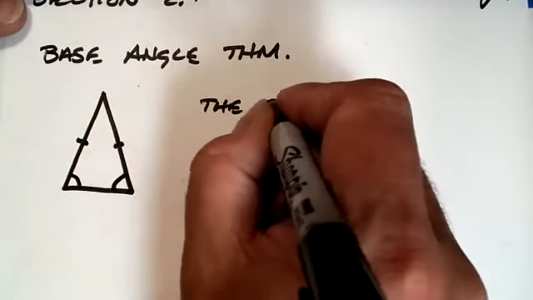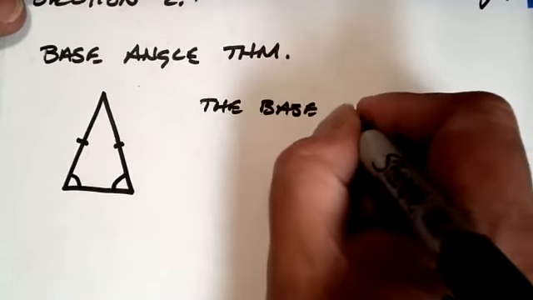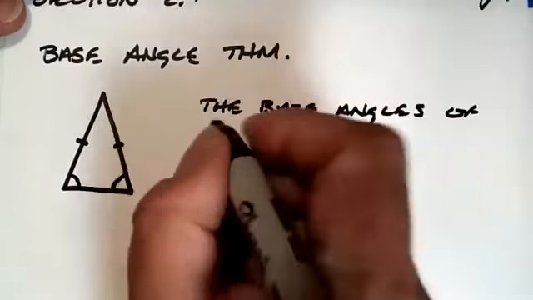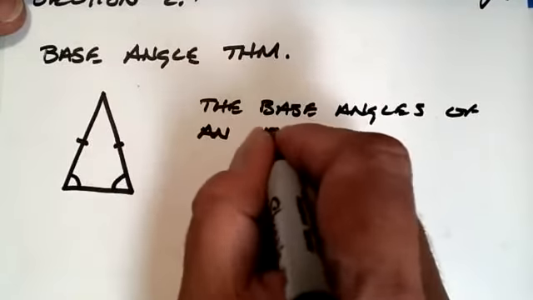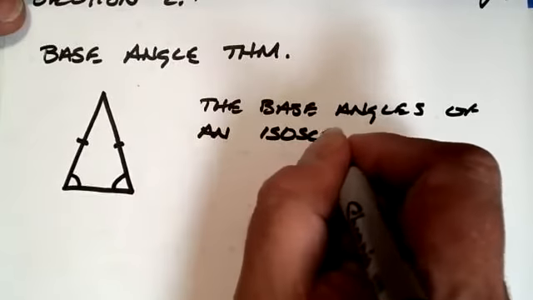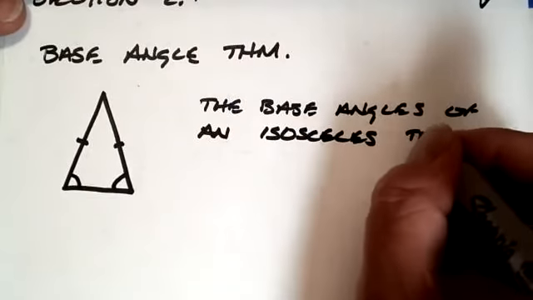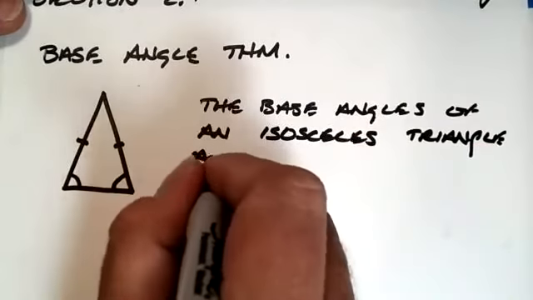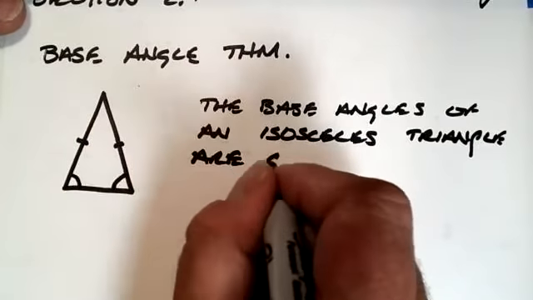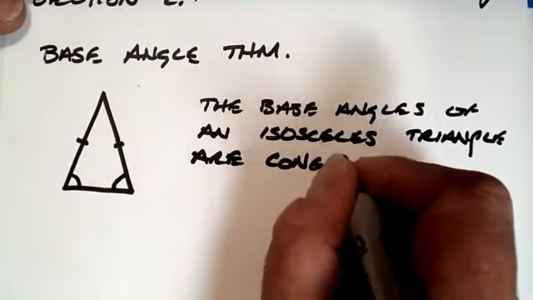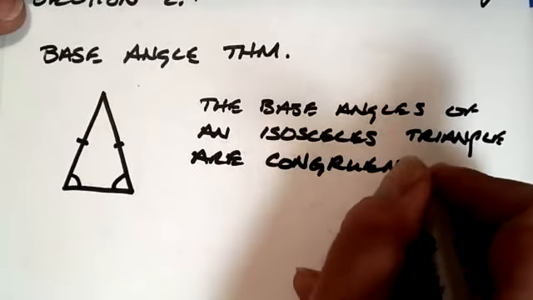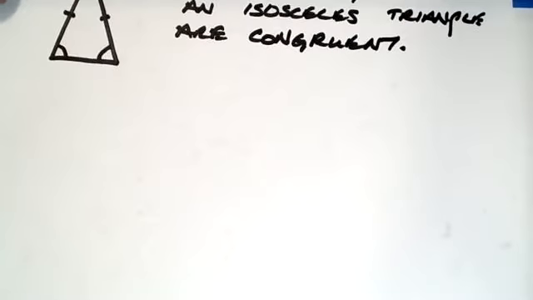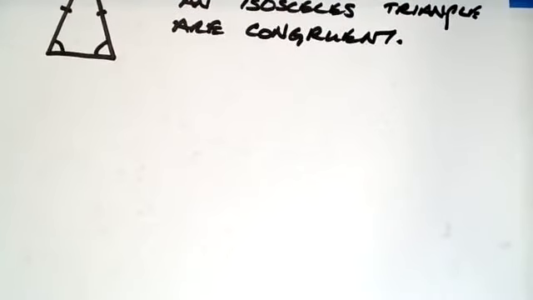The base angles of an isosceles triangle are congruent. And this might be something that you proved in a geometry class at some point. But I'm going to use this result, and I think it's sufficient to just do that.